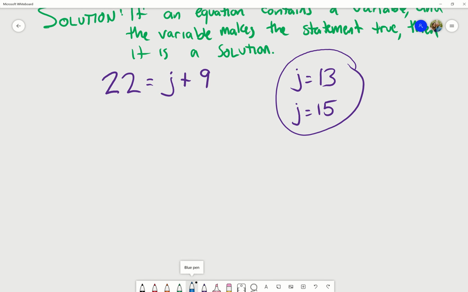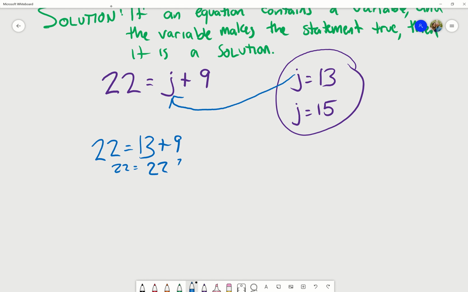To figure that out, we're going to take j equals 13 and substitute it into our equation where j is. Now our equation says 22 equals 13 plus 9. And 13 plus 9 is 22. Does 22 equal 22? Yes. So 13 is a solution.